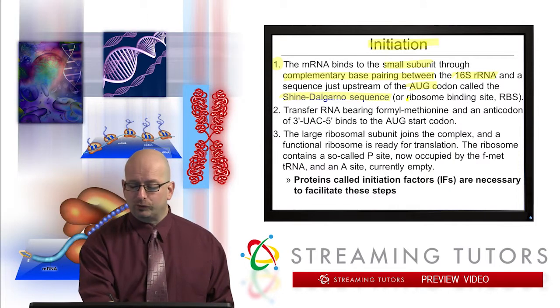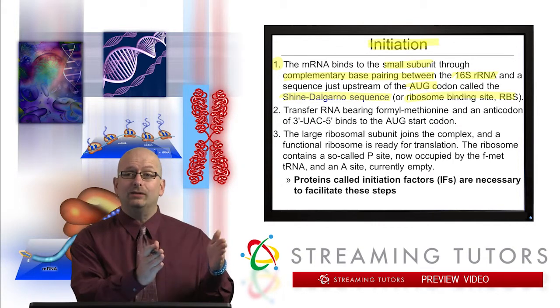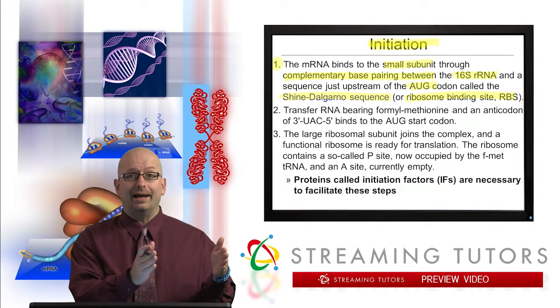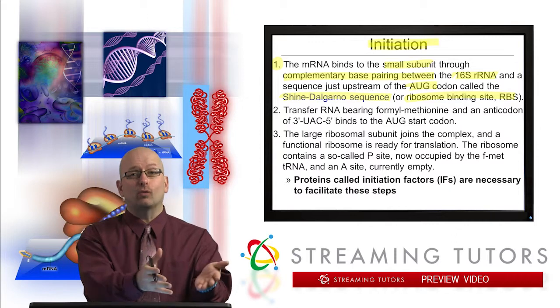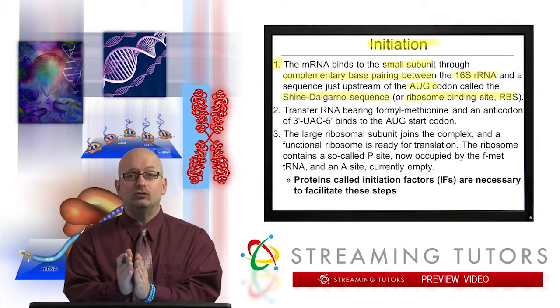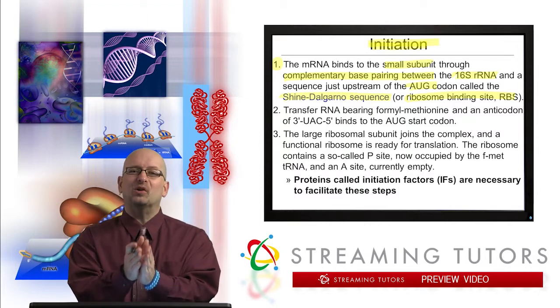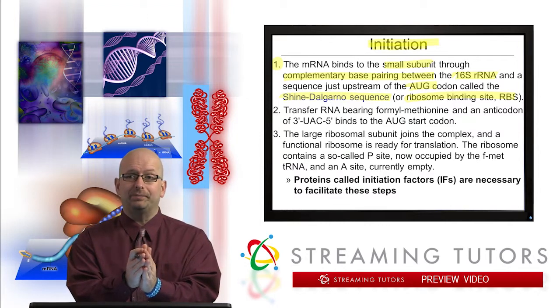Often it's also just referred to as the ribosome binding site. But the point is, it's a part of the messenger RNA that is complementary to the ribosome. So when they base pair, it positions the AUG start codon very perfectly right in the ribosome, exactly where it needs to be. All right?